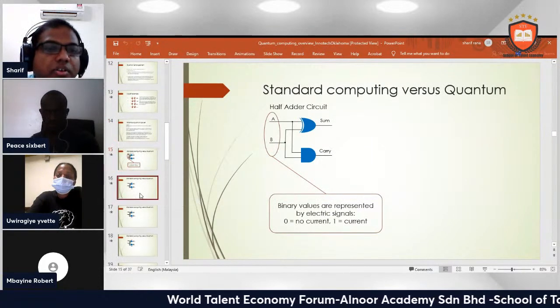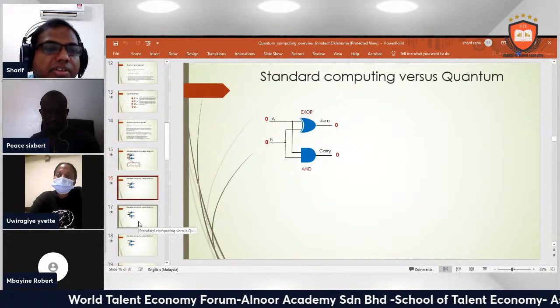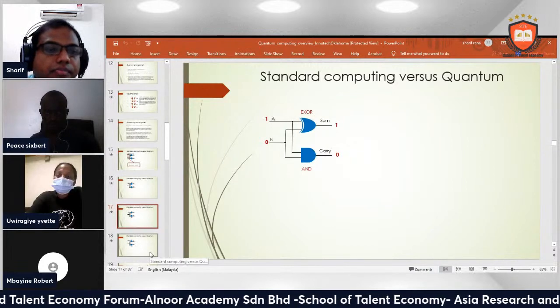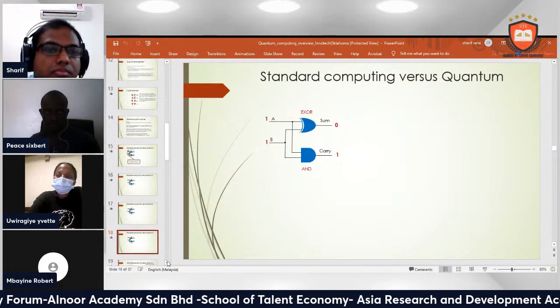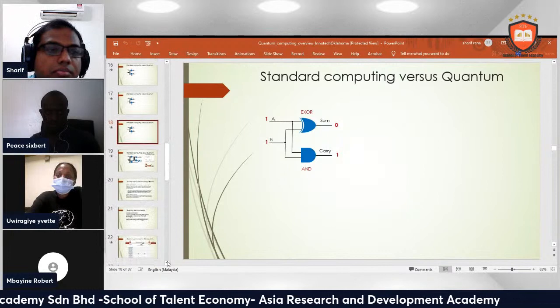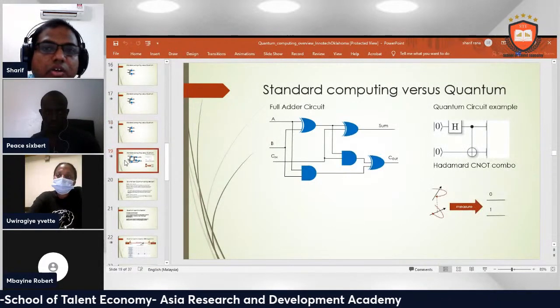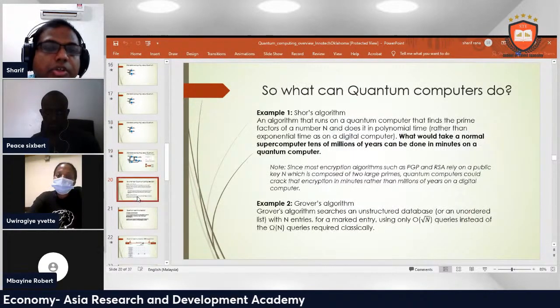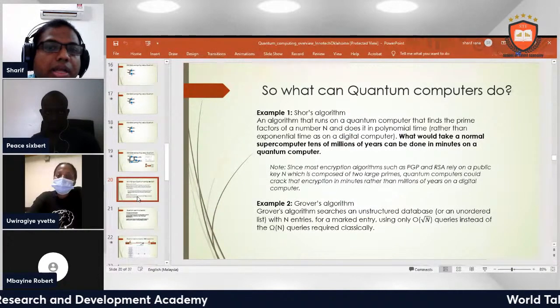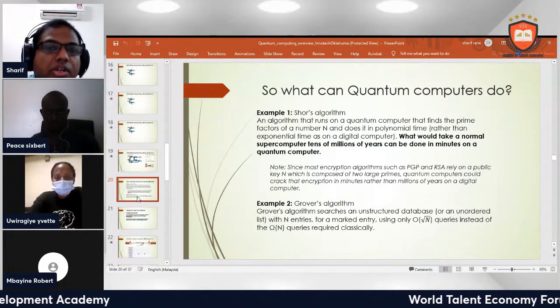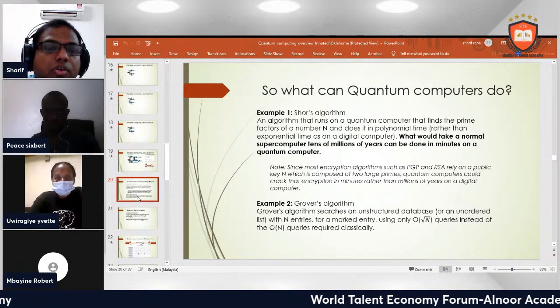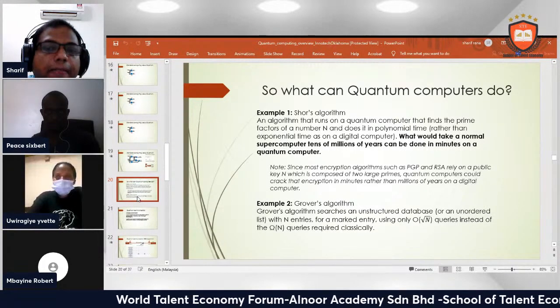Standard computing versus quantum. These are some of the good examples. Shor's algorithm is an algorithm that runs on a quantum computer that finds the prime factors of a number N and does it in polynomial time.